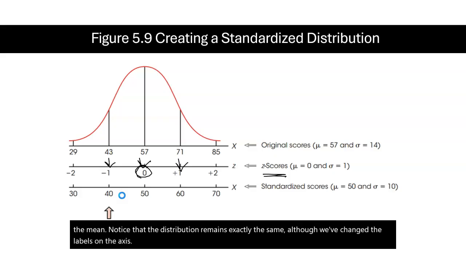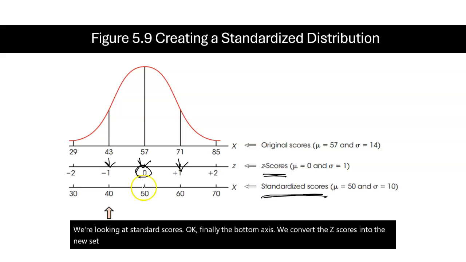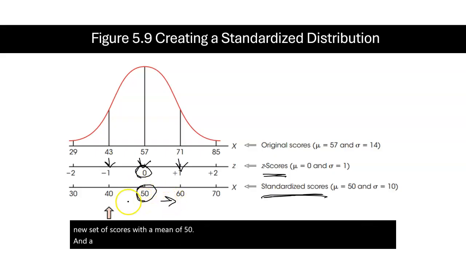Now, we're looking at standard scores. Finally, the bottom axis, we convert the z-scores into the new set of scores with a mean of 50 and a standard deviation of 10. Now, you originally had a raw score of 57. That z-score was 0.